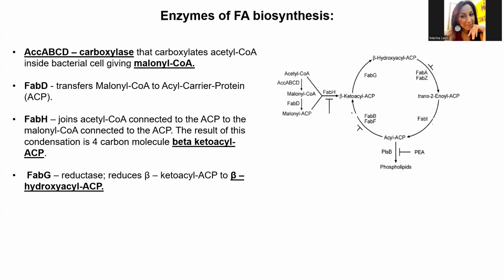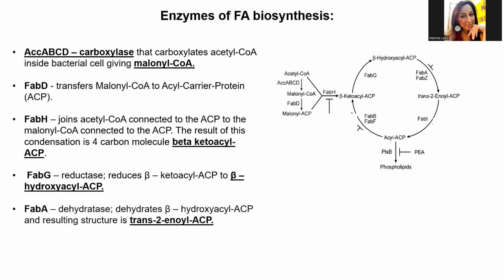And this beta-hydroxyacyl ACP is going to be the substrate for this dehydratase that is going to result in the structure called trans-2-enoyl ACP. And trans-enoyl will be a substrate for the reductase, and it will form acyl ACP. So this is the basic fatty acid.